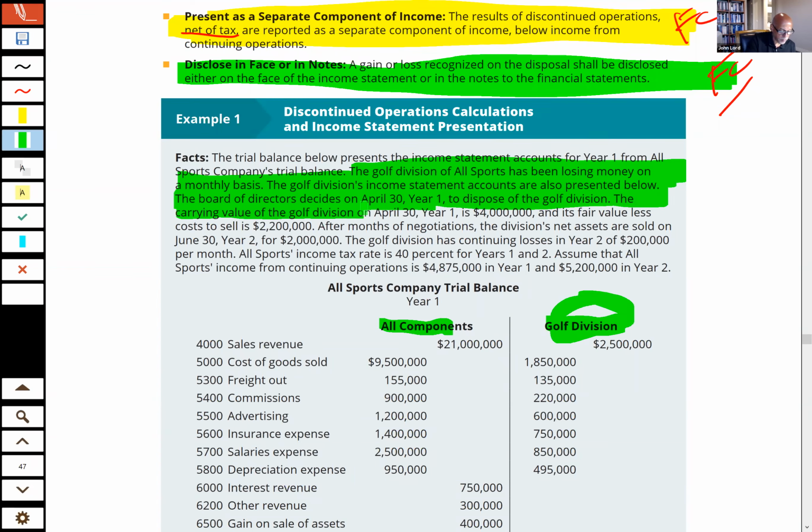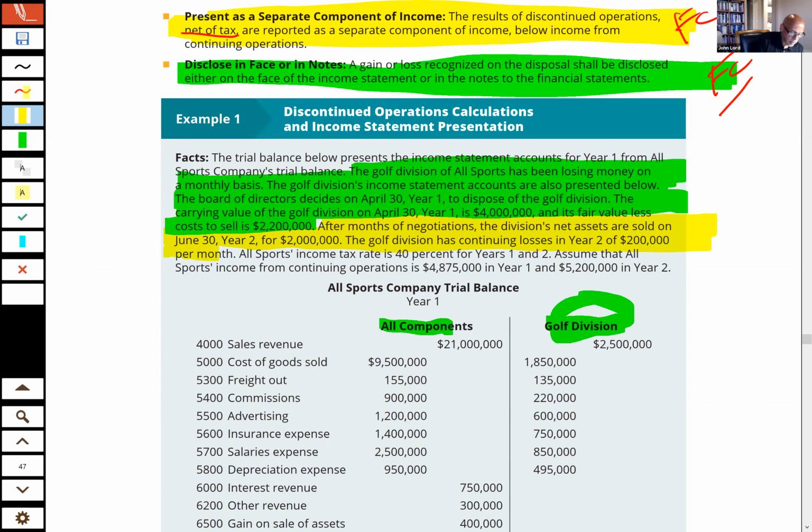The carrying value of the golf division on April 30th is $4 million. Its fair value less cost to sell is 2.2. After months of negotiation, the division's net assets are sold on June 30th, year two, for $2 million. The golf division continued to lose $200,000 per month in year two.